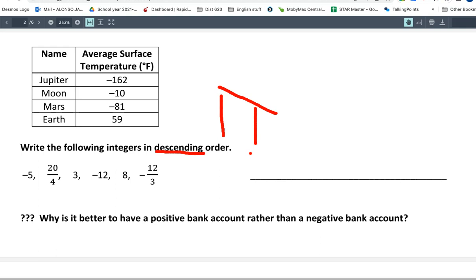I would say 8. Eight is the big number. Then you need to simplify this one to see what integer you get, which is going to be negative. And also you need to simplify this one to see what integer you get.